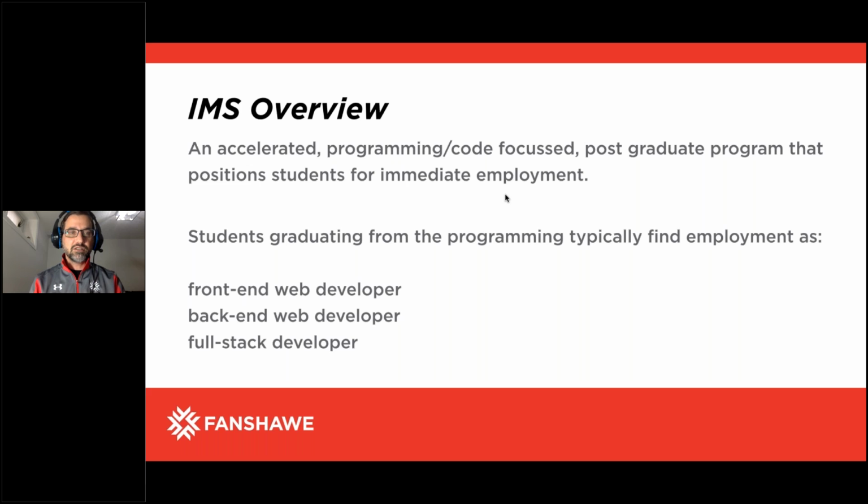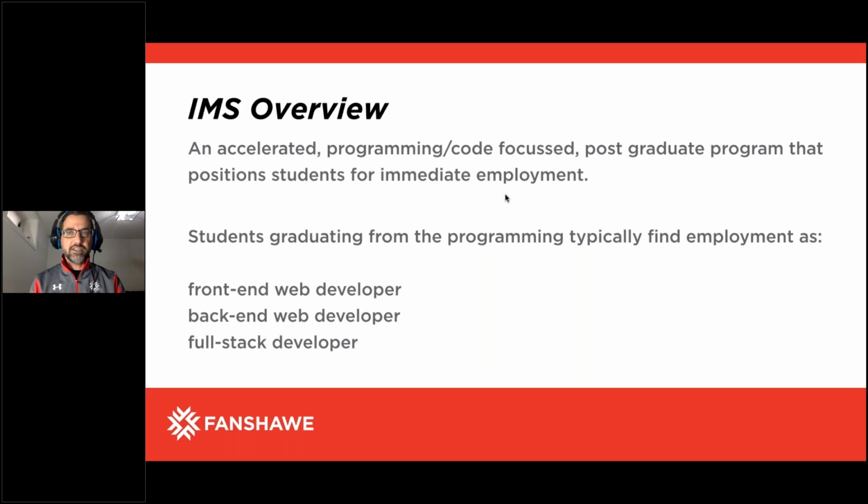And this is due to the fact that we talk with a lot of the agencies in town, and we make sure that the content that we are teaching in this program is relevant to what they do in industry. Students who graduate from the program will typically find themselves in three categories: front-end web developer, back-end web developer, and full-stack developer.